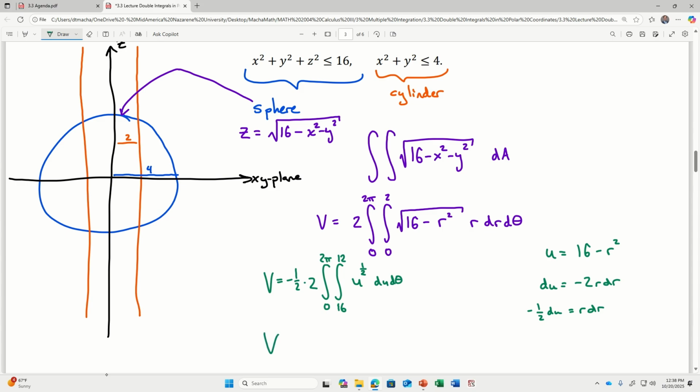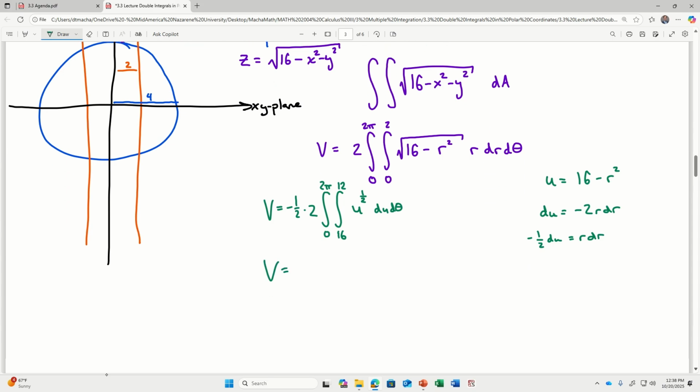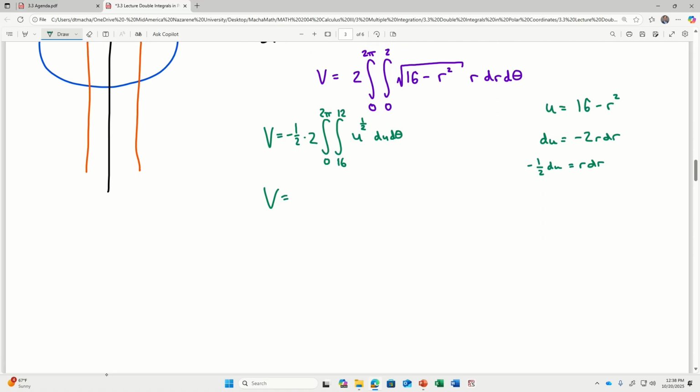There you go. All right, so negative half times 2 is negative 1. And I'm integrating from 0 to 2 pi. And let's take the antiderivative of u to the 1/2 power. That would be u to the 3/2 power times 2/3.